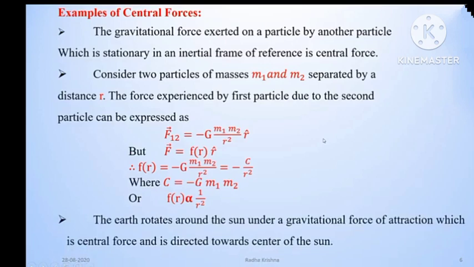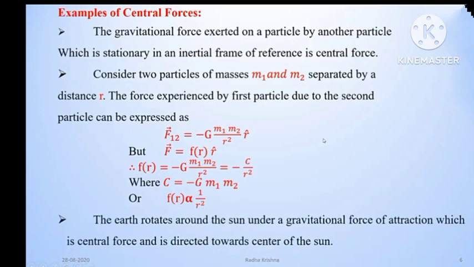But actually F is equal to f(r) into r cap. Therefore, f(r) is equal to minus G m1 m2 by r square, which is equal to minus C by r square, where C is equal to G m1 m2, so f(r) is proportional to 1 by r square.